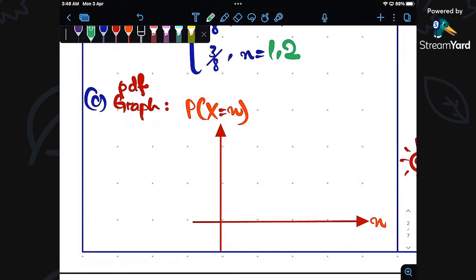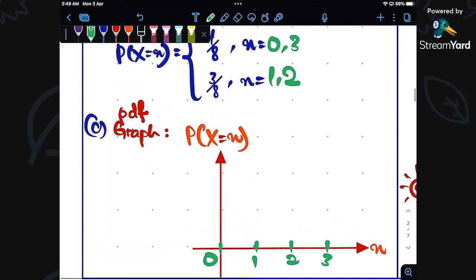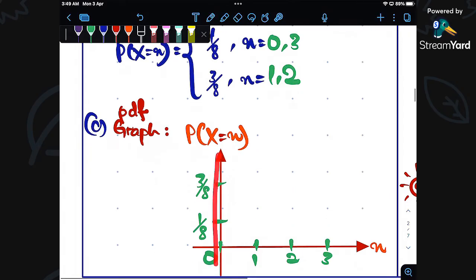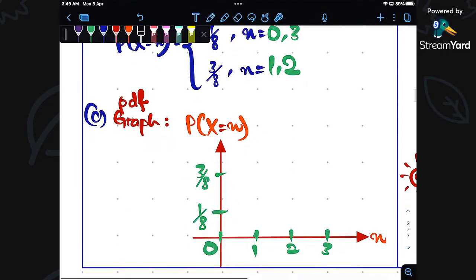You already know your x is from 0 tails, which is 1, 2, and 3. And we also know the probabilities are 1 out of 8 and 3 out of 8. There are two values of probability. That's why my graph is quite short there.